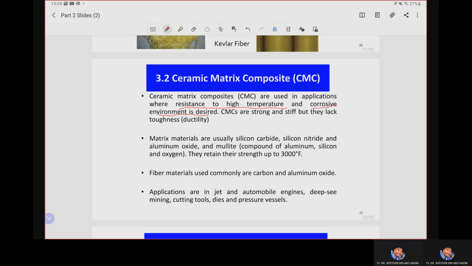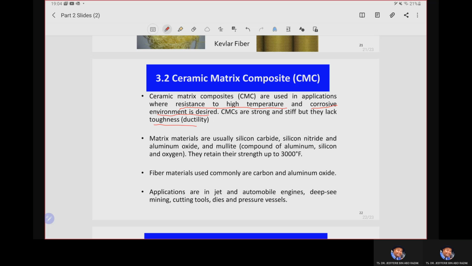CMC is very strong but lacks toughness or ductility because the nature of ceramic material is really brittle. But CMC is much better in comparison to ceramic itself.